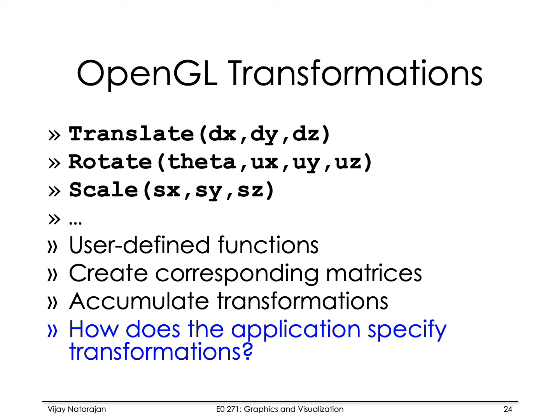But these are not very intuitive. The user may want to specify transformations via example. They may want to say that this vertex, take it from here and move it to here, or this particular cube is rotated in this particular way, right? So the question is, how do they specify these transformations?